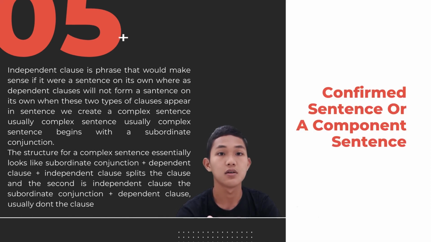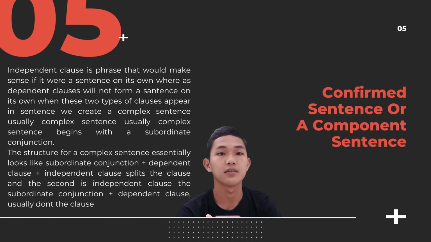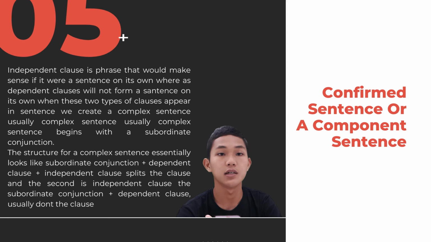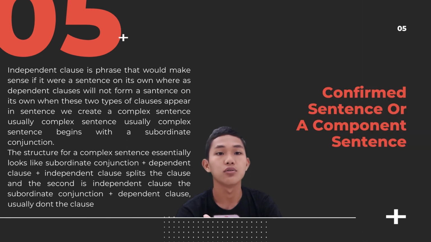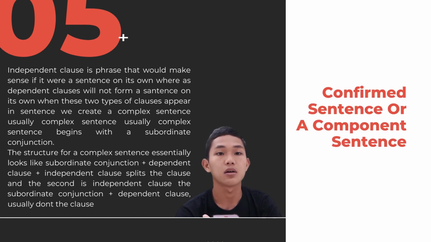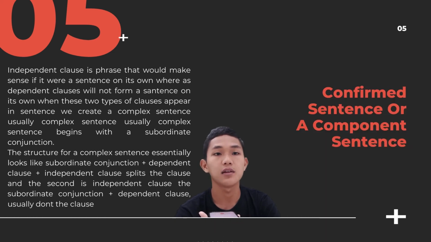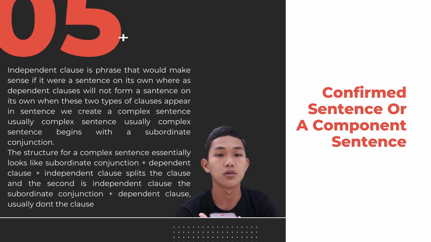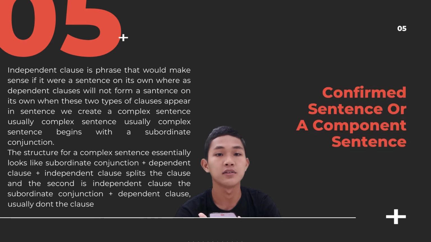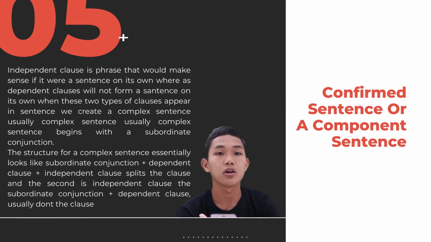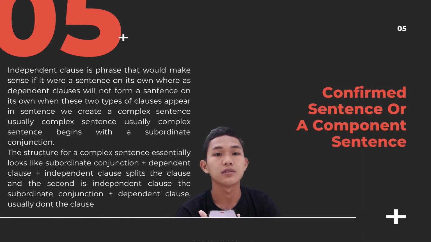The structure for a complex sentence essentially looks like: subordinate conjunction plus dependent clause plus independent clause.